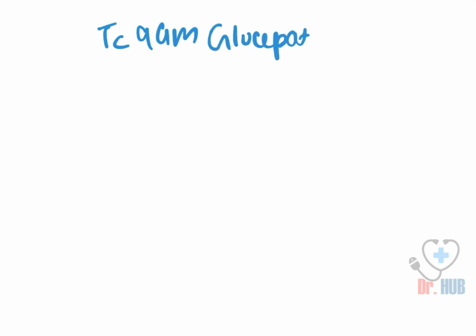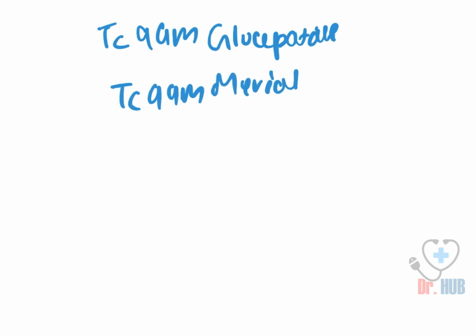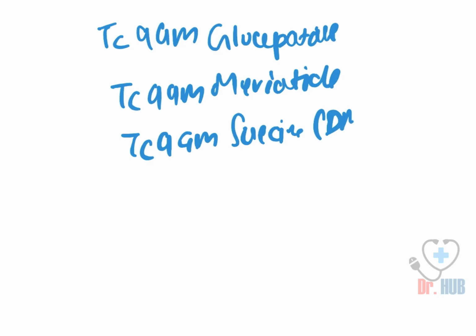Next, we look at a group: TC99M gluceptate, then TC99M mertiatide, and TC99M succimer, that is a DMSA.